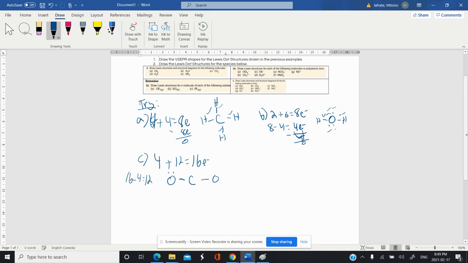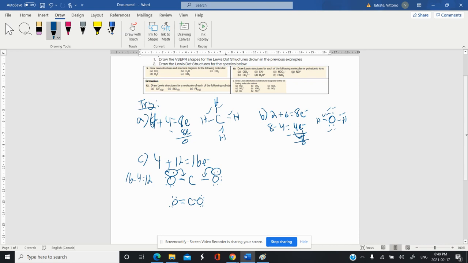So we can place those 12 on our oxygens to make them nice and happy. But you'll notice that the carbon is not happy yet. So we need to make some double bonds for them to share, and we get our CO2 like this. And that there's our carbon dioxide molecule.